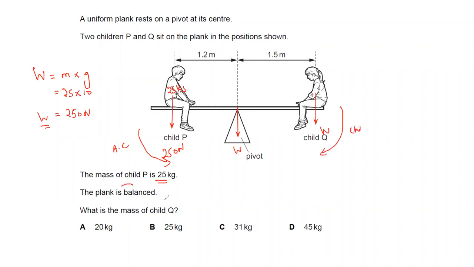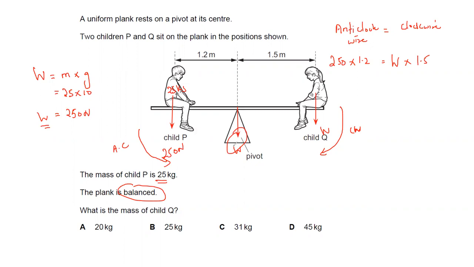As they mentioned, the plank is balanced. It is in equilibrium. So when something is balanced, the anti-clockwise moment is equal to the clockwise moment. The anti-clockwise moment is 250 multiplied by the distance from the pivot, which is 1.2. The clockwise moment is the weight of child Q multiplied by the distance, which is 1.5.